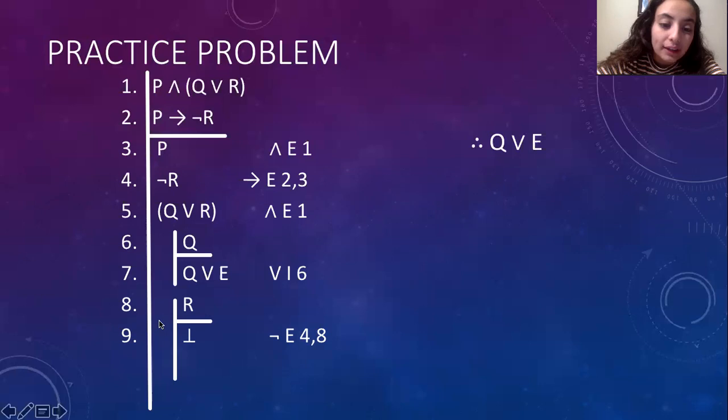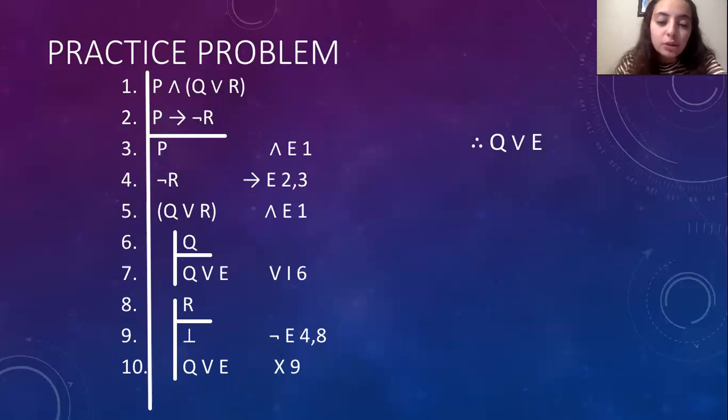And knowing that there's a contradiction there, guess what? I can just literally put Q or E without doing any work other than just using my rule. So I did the explosion rule from line 9 because there's a contradiction, right? So remember, the explosion rule is that if you assume a letter and then there's a contradiction, then you can get to pretty much anything that you want.